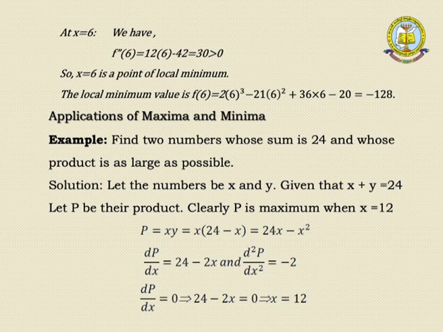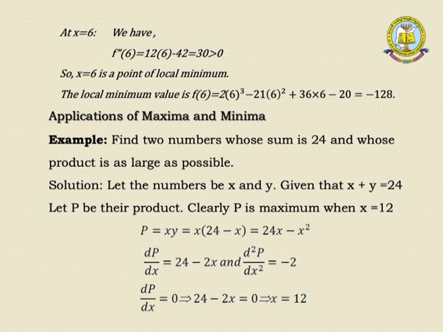Just see where we apply this maxima and minima. Take one problem. Find two numbers whose sum is 24 and whose product is as large as possible. That means, he is asking when the product of these two numbers will be maximum. Let the numbers be x and y, given that x plus y is 24.